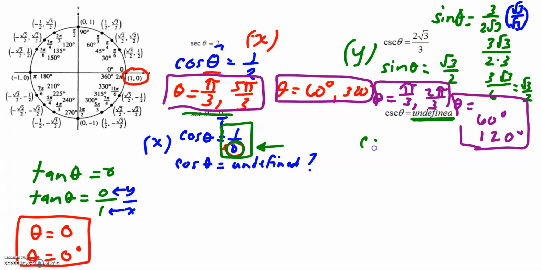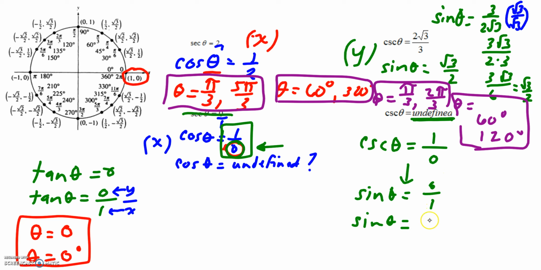So the cosecant of theta is really something divided by 0, and usually this something, so far in the unit circle, is just going to be 1, because of 1 unit in every direction. So if the cosecant of theta is 1 over 0, the reciprocal function, sine, is 0 over 1. More simply, the sine of theta is 0 divided by 1, or just 0.